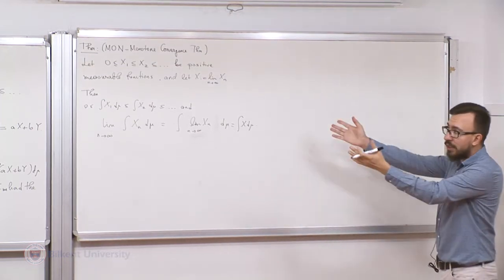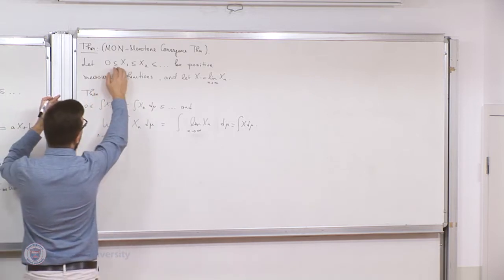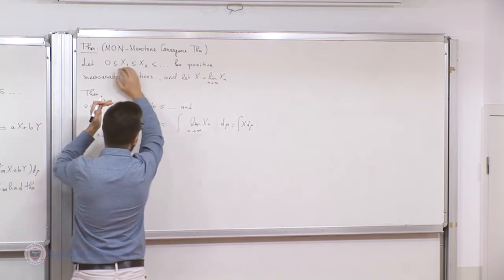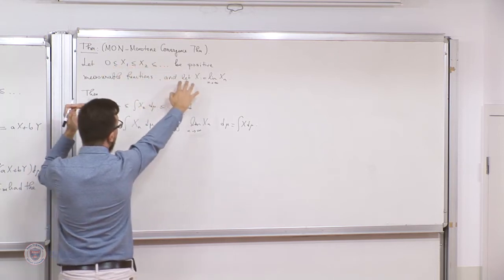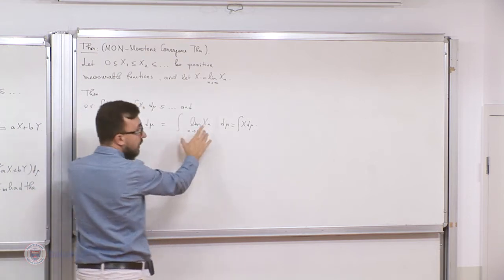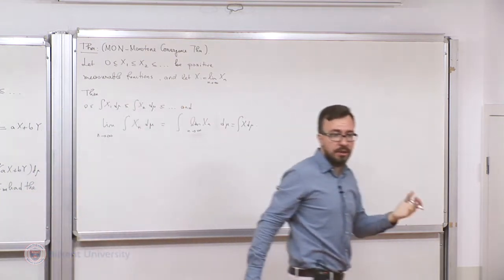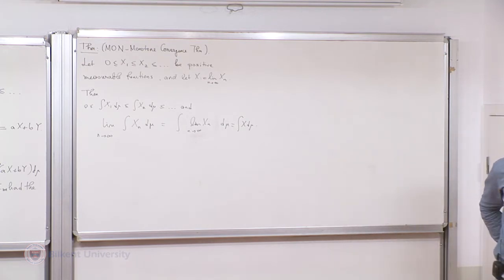So if we had this theorem: take any increasing sequence of positive measurable functions, their integrals converge to the integral of the limit. Limit of the integral, integral of the limit. So that's called the convergence theorem. And since the functions in the theorem are increasing with respect to n, it's the monotone convergence theorem.